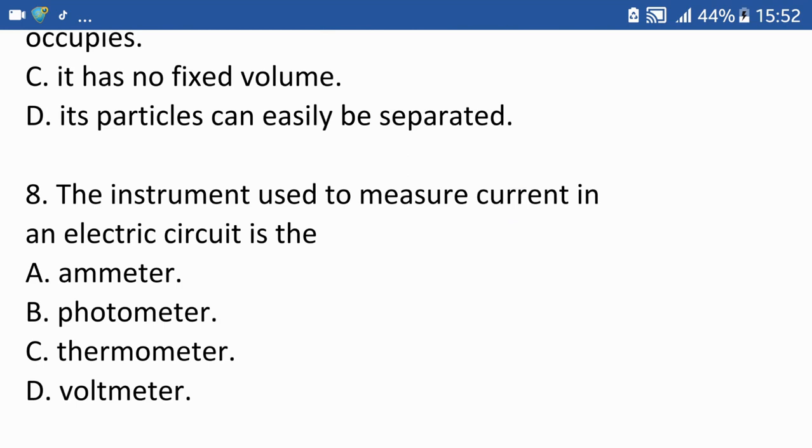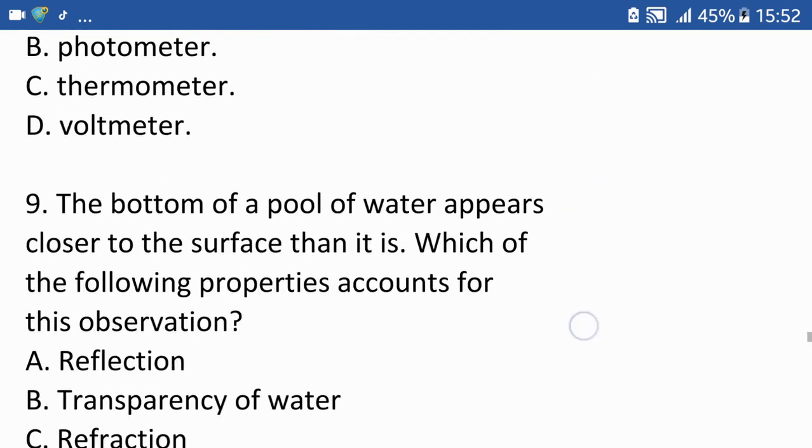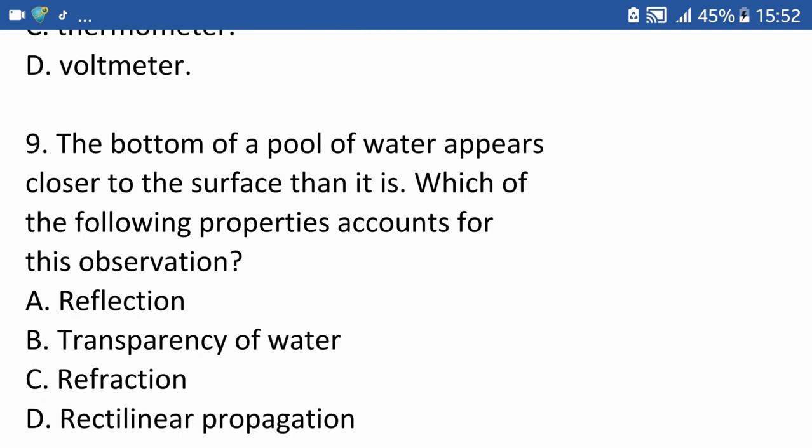Nine, the bottom of a pool of water appears closer to the surface than it is. Which of the following properties accounts for this observation?